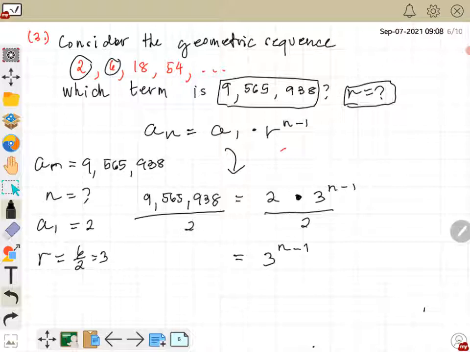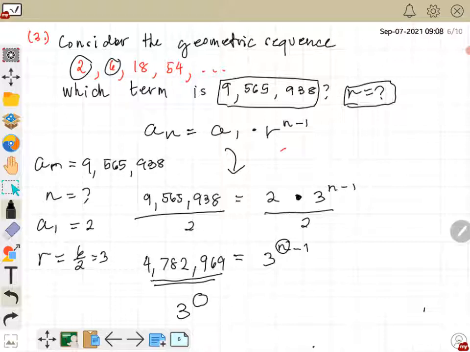4,782,969. Okay, so how do we get our n? Because we are looking actually for n. What we do is express this as base 3.